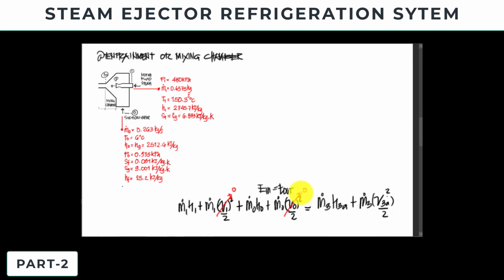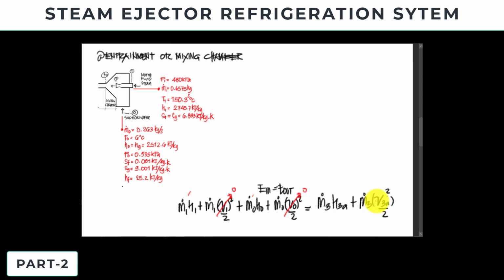Now, what we have left are the mass flow rate and enthalpy values, and we have the mass flow rate at O. We also have the mass flow rate at 3. Usually, the mass flow rate of 3 is the sum of mass flow rate 1 and mass flow rate O. So we're able to get this enthalpy 3.